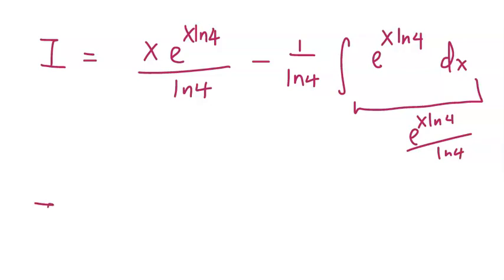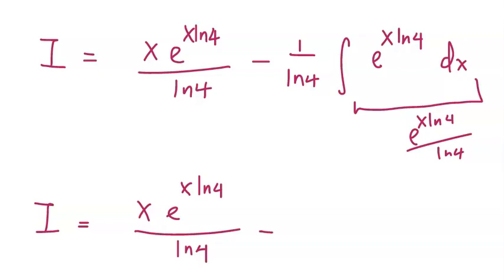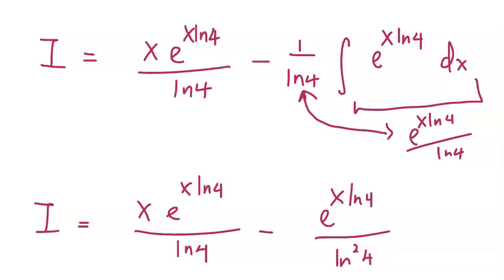Okay, so our I is equal to x times e raised to the power of x ln of 4, then divided by the ln of 4 minus, so if you check this product, ln of 4 times e to the power of x ln of 4 divided by ln of 4, it will just give us e to the power of x ln of 4 divided by the ln of 4 squared, or ln squared of 4, right? So don't forget your constant.